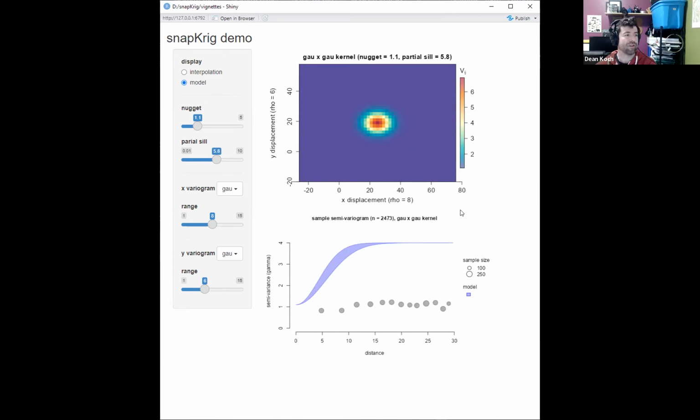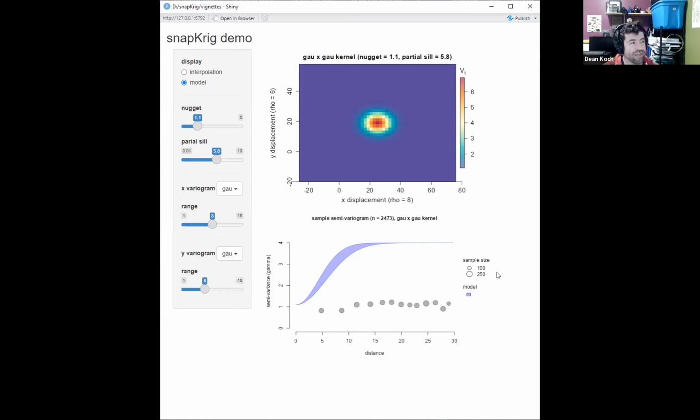On the bottom is the semi-variogram plot. And if you've ever worked with geostatistics before, you'll probably encounter the semi-variogram right away. It's often how the concepts are introduced. But I actually find it a little bit misleading. And this is an example here where the model we've picked, which is illustrated in blue, isn't really aligning with the sample points from the source image.